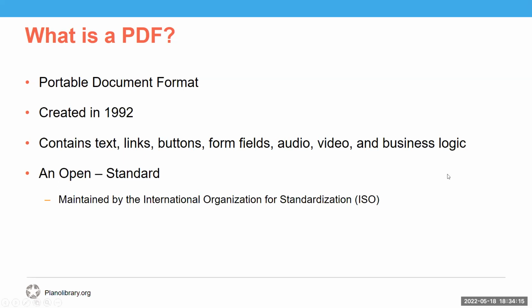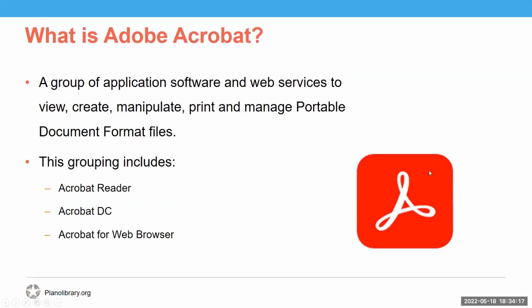So next, what is Adobe Acrobat? Adobe Acrobat is a group of application software and web services created to view, create, manipulate, print, and manage portable document format files. This grouping includes Acrobat Reader, Acrobat DC, and Acrobat.com.